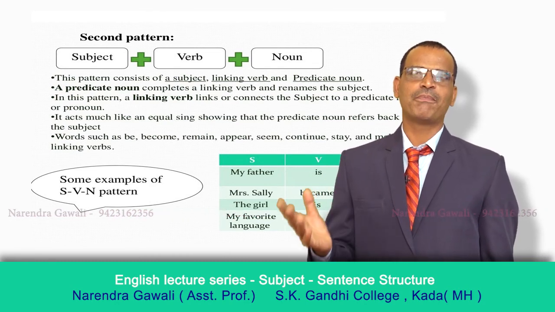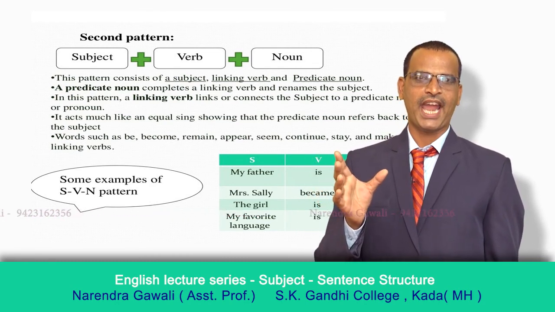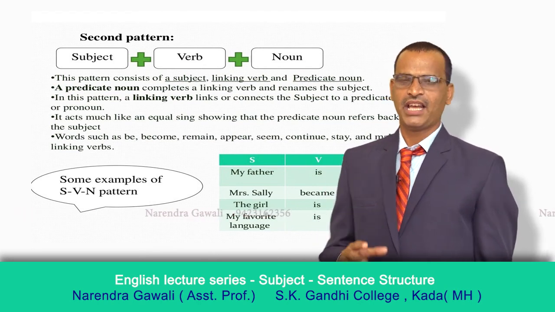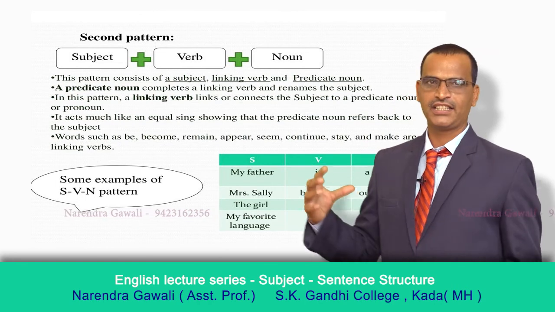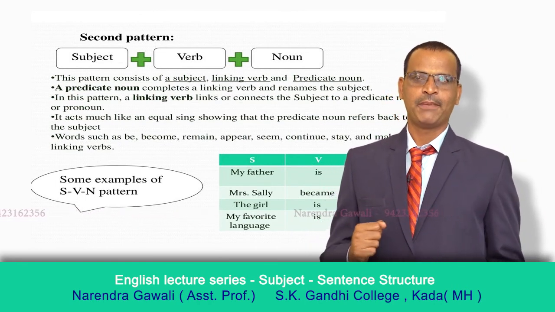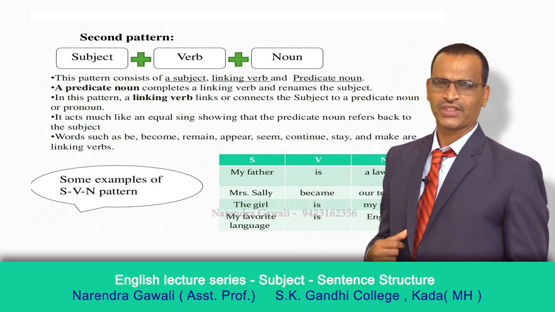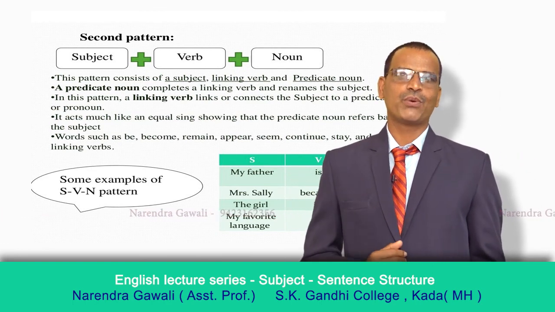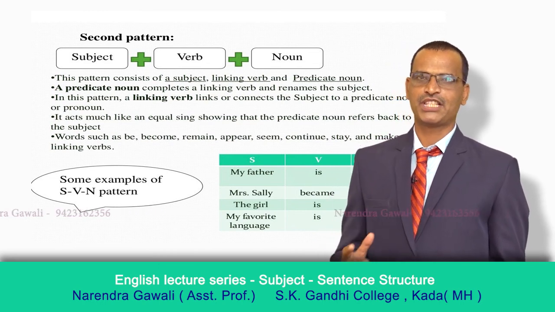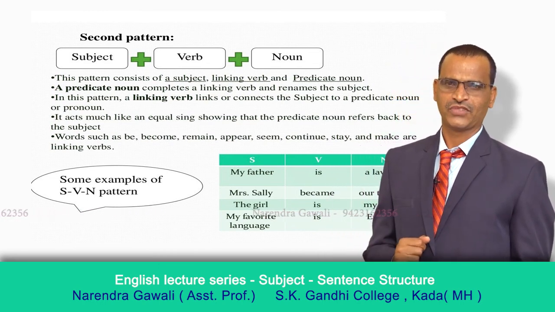A predicate noun completes a linking verb and renames the subject. Got the point? In this pattern, a linking verb links, its name itself is linking verb, or connects the subject to a predicate noun or pronoun. It acts like an equal sign, showing that the predicate noun refers back to the subject.